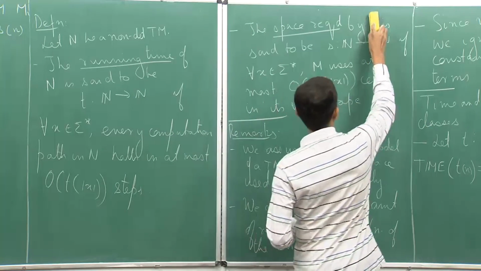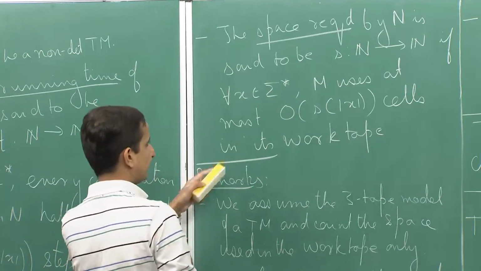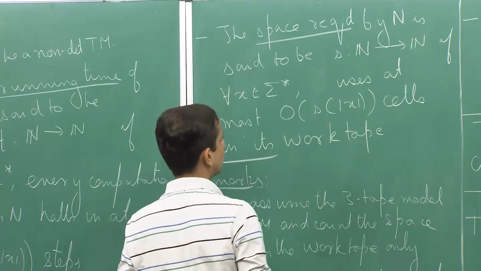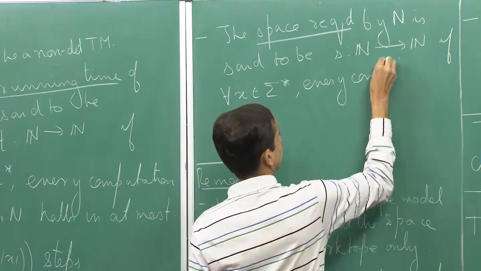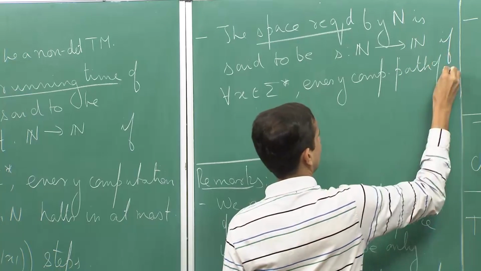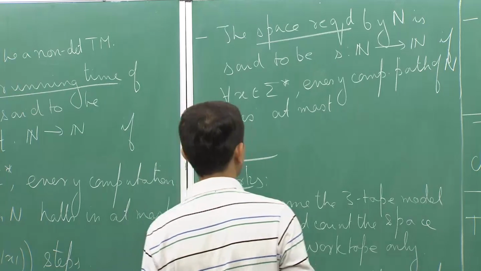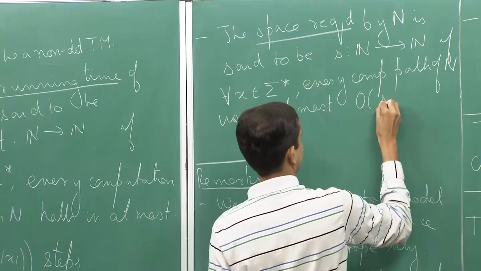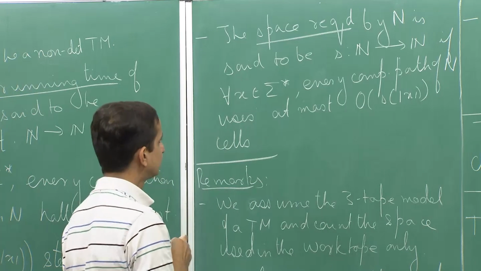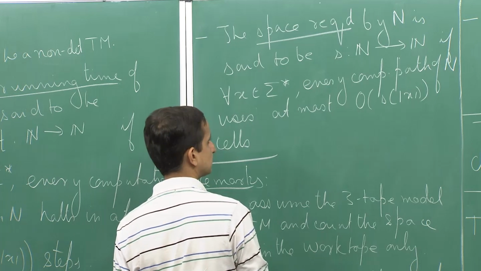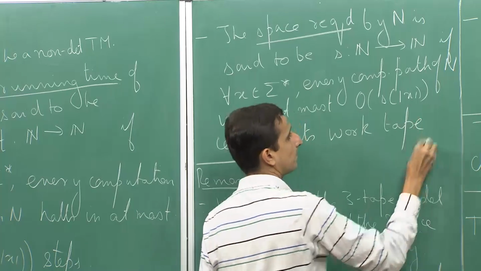So, the space required by N is said to be a function s from natural numbers to natural numbers such that every computation path of N uses at most order s of mod x cells on its work tape. Okay.